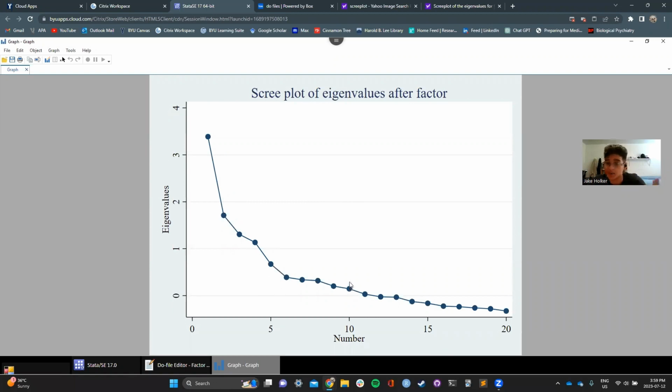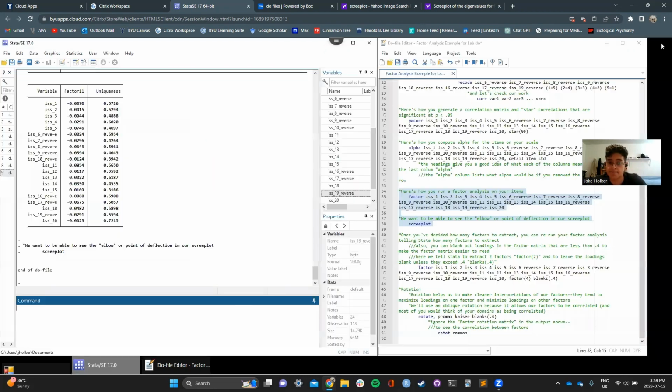Because there's no definite elbow in my graph, I'm going to use the criterion of an eigenvalue being greater than 1. The reason why we do this is because if we use that criterion, we're only accounting for factors that account for as much variance as a single variable does. So in this case, I'm going to look at which points are above the 1 line here, and I have 4. So I'm going to assume there's 4 factors in my test.